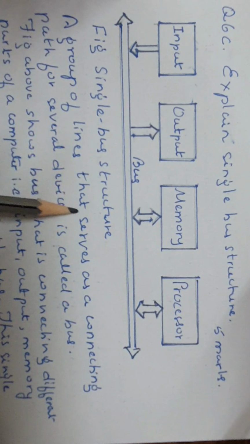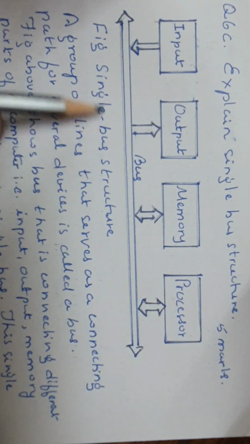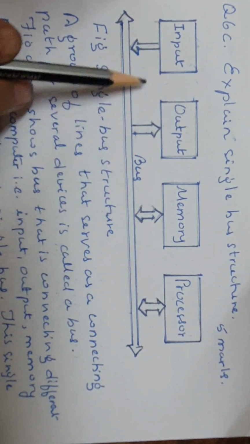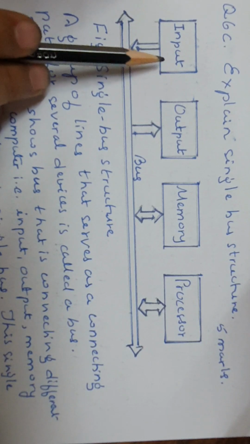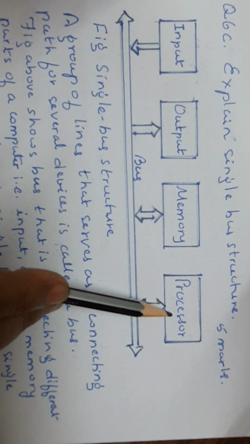So a group of lines that serves as a connecting path for several devices in a computer system is called as bus. So the figure above shows single bus structure. So this is the bus and different parts of the computer system are input, output, memory and processor.